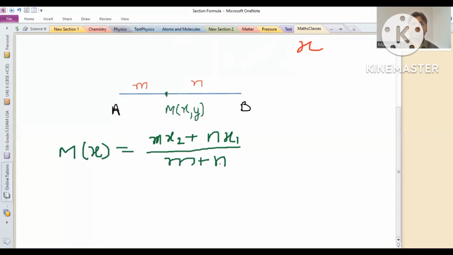Now there is a reason behind why we are considering this m and n. See, m and n are supposed to be added so that we will get the exact length of the entire line segment AB. That is why these two values are supposed to be added.